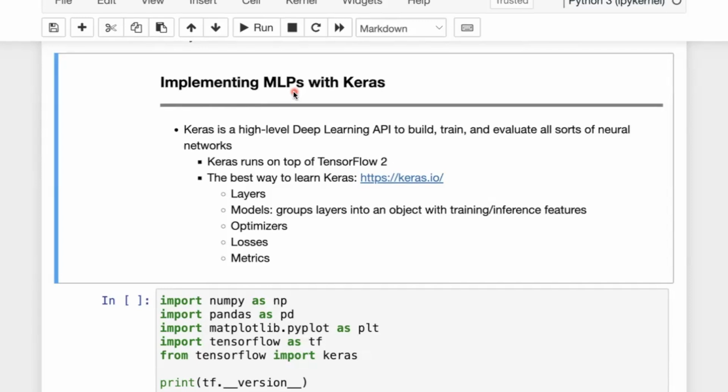If we really care about functionality and being able to implement everything from scratch, if you want to do a lot of customization, then obviously TensorFlow is a better option. But Keras is a high-level library that still gives you a lot of functionality without going into details very much, right?